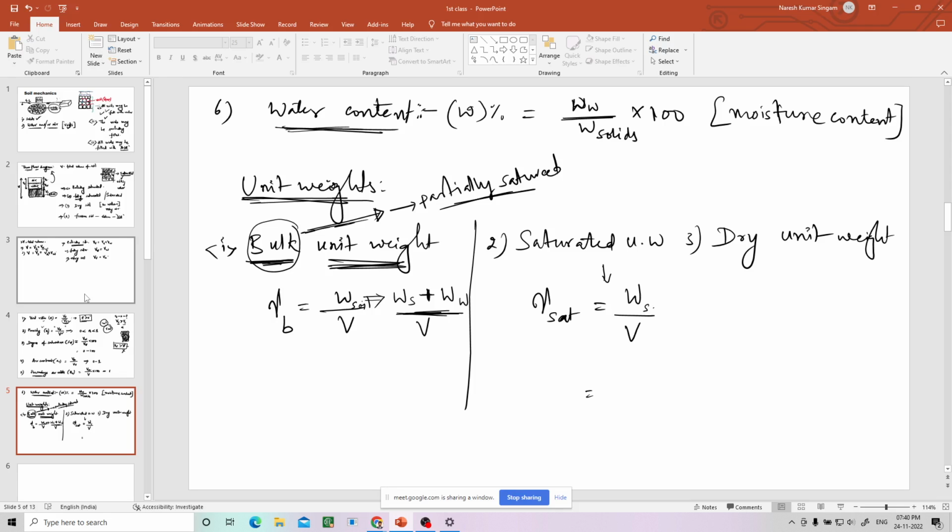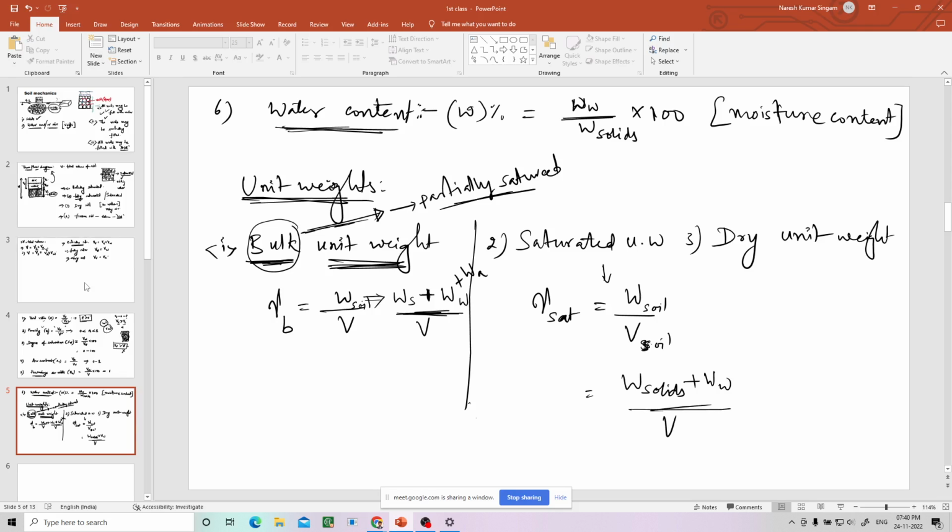Anyway, for your ease of understanding, I'll make it soil. In this, weight of soil has, I can write weight of air also here, but it is anyway zero. So it has only weight of solids plus weight of water. It doesn't have any air in it. So that condition is called saturated unit weight.